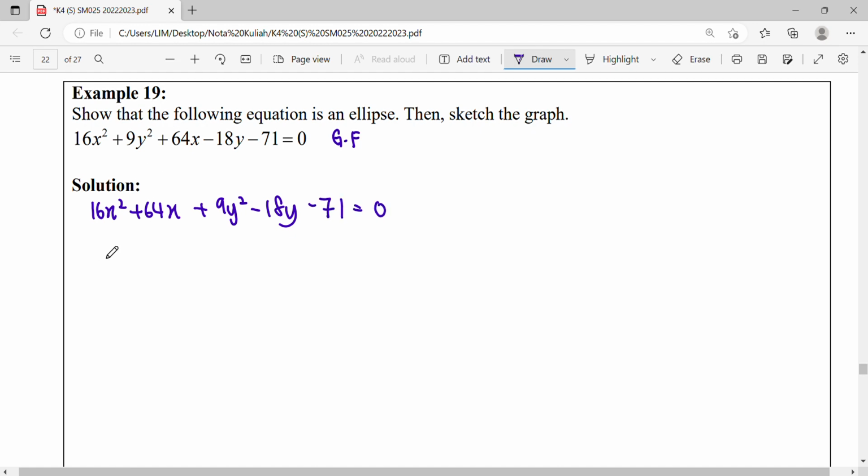So for the x term, we will complete the square. For the y term, we also complete the square. Put in brackets. Before we start completing the square, make sure your coefficient starts with 1. So for these two terms, we have to factorize out 16. We complete the square for this x squared plus 4x. Meanwhile, for the y term, we factorize out 9.